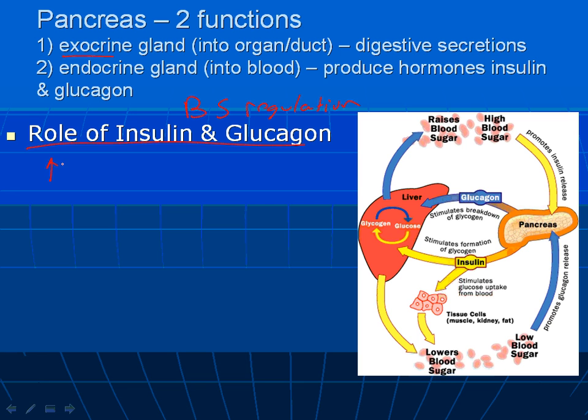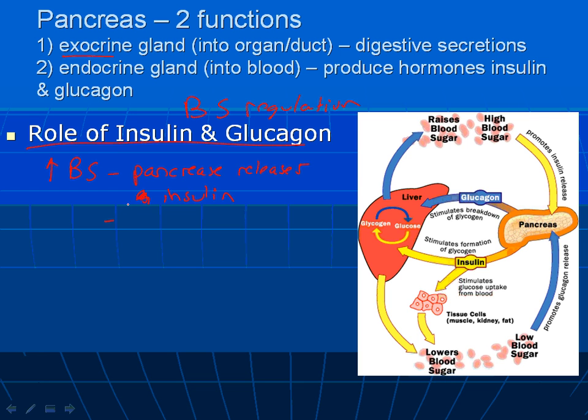So if you have high blood sugar, so you eat a big meal and you need to break down some of that glucose in your blood, what happens is the pancreas releases insulin.